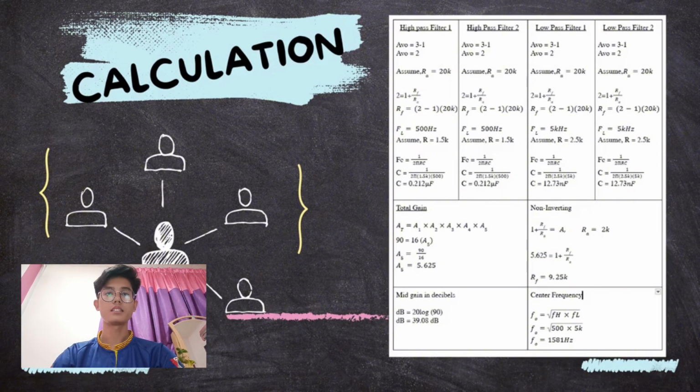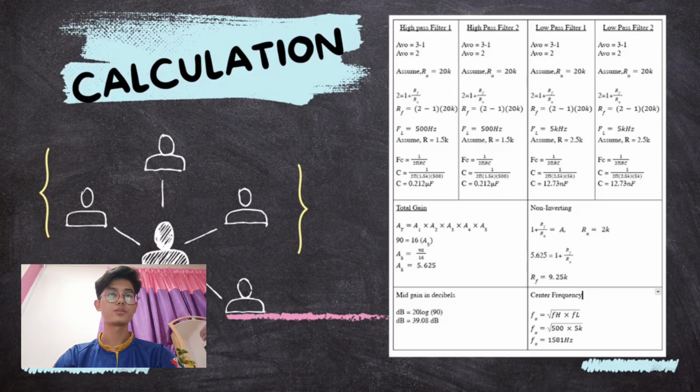The mid gain in decibels, using the formula again, 20 log A, just changing the A total to the value: 20 log 19 is equal to 39.08 dB.